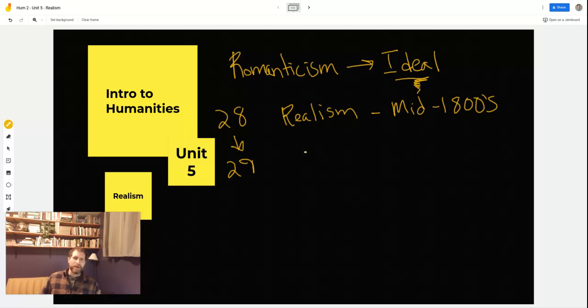And so the other thing that we're going to see, especially in France and to some extent in the United States because of the Civil War, is the byproduct of the Enlightenment and this notion that life can always be improved through enlightenment.